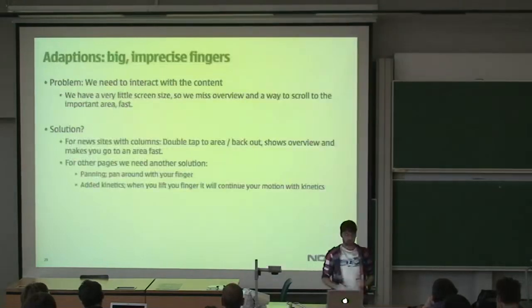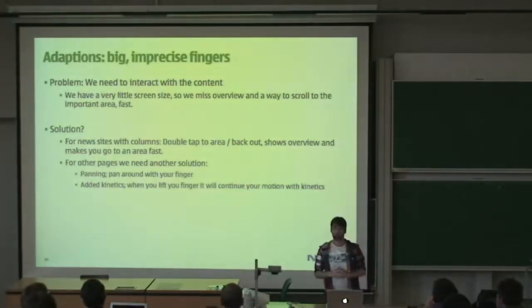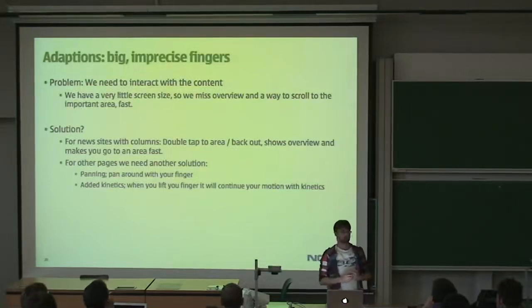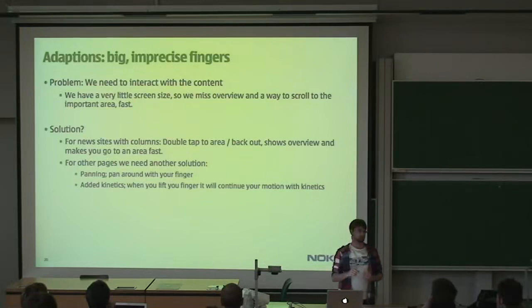So the iPhone has a different solution for the same problem. It's known from desktop browsers that you can have a setting like minimum font size. You say, enforce this minimum font size, never show a font smaller than this. The iPhone brought that a bit further. They said the minimum font size is per width. So when you double tap some area, they enforce the minimum font size when you zoom into the area.